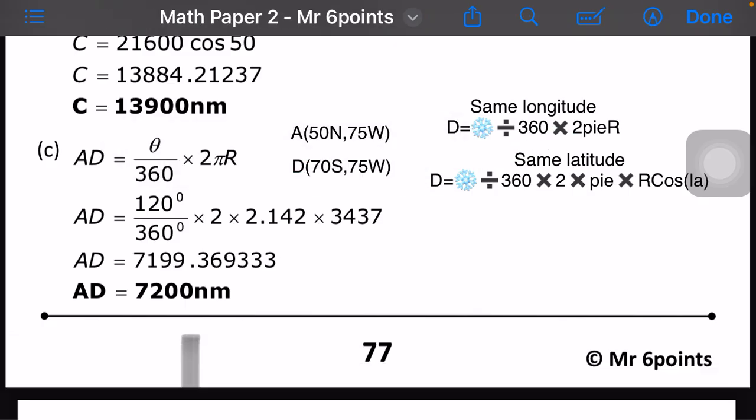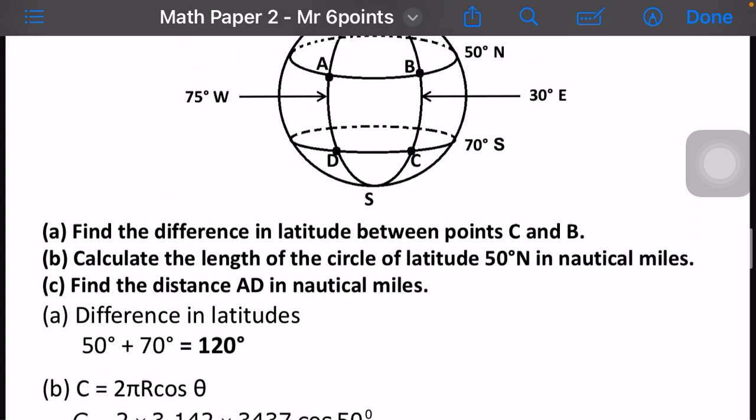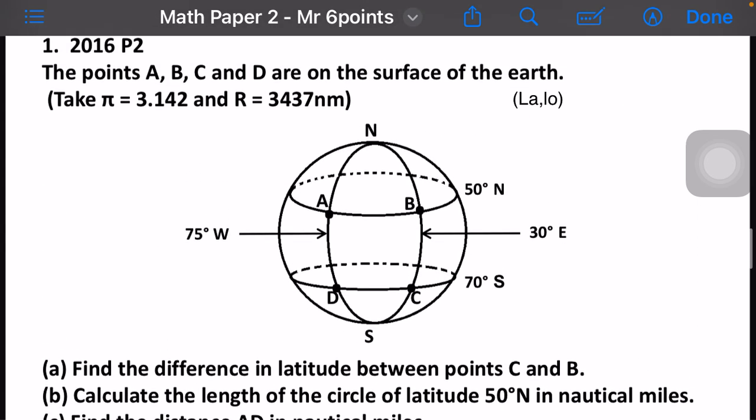We try to apply the same principles I'm talking about. This question came in 2016, paper 2. The question reads, the points A, B, C, and D are on the surface of the Earth. Take pi as 3.142 and R. Have you seen what I've said?